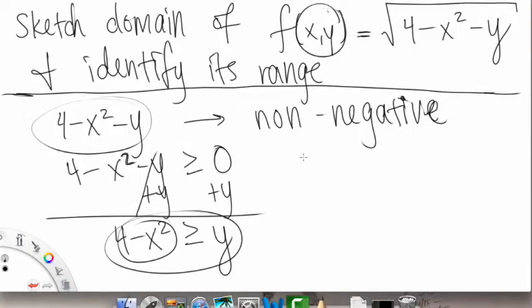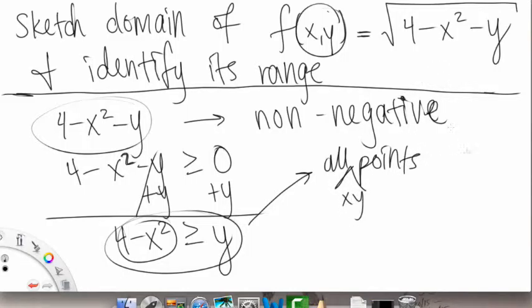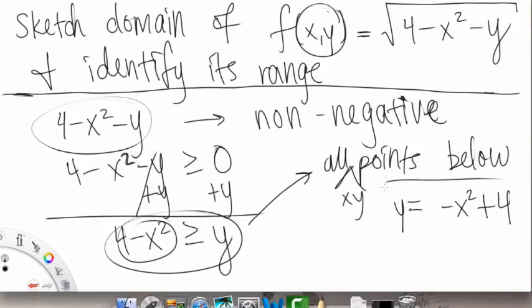This basically means all x, y points below the graph of y equals negative x squared plus 4. I just rearranged that, 4 minus x squared.